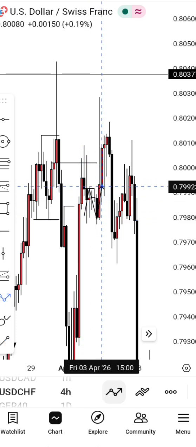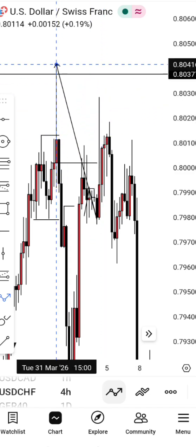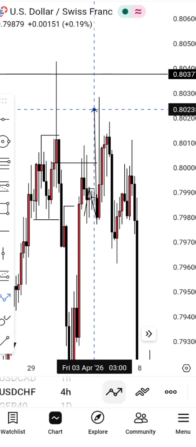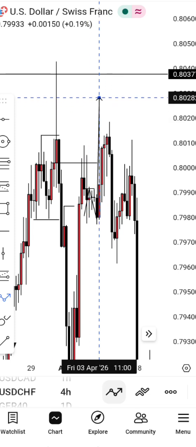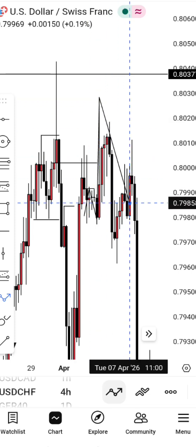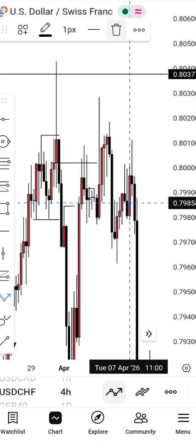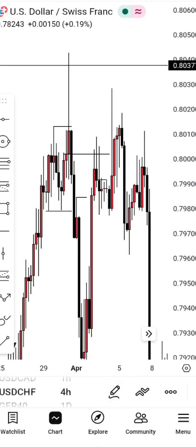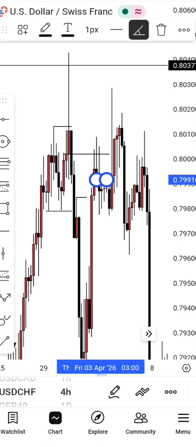Then all of a sudden it cleared it all out. But this range high that caused this market structure shift has not been taken, so the sales was still valid. I just had to step back a bit and watch what the market does. That is really important. You don't just run away because you took a loss.